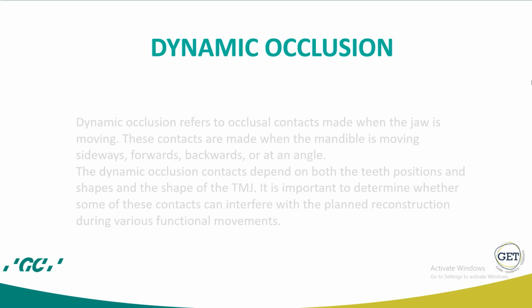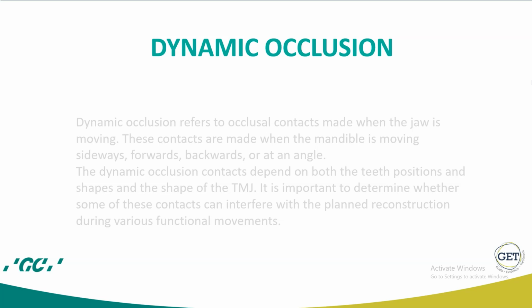Defining dynamic occlusion. Dynamic occlusion refers to occlusal contacts made when the jaw is moving. These contacts are made when the mandible is moving sideways, forward, backward, or at an angle.